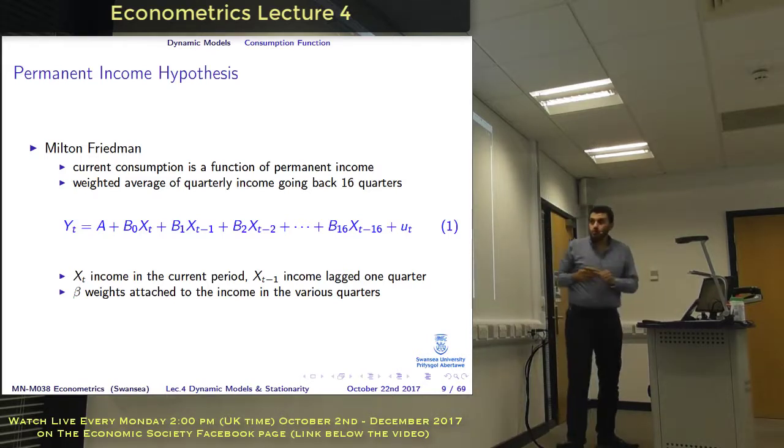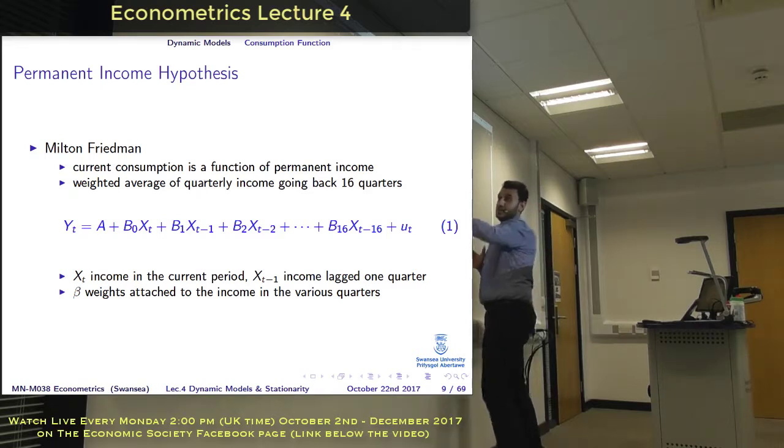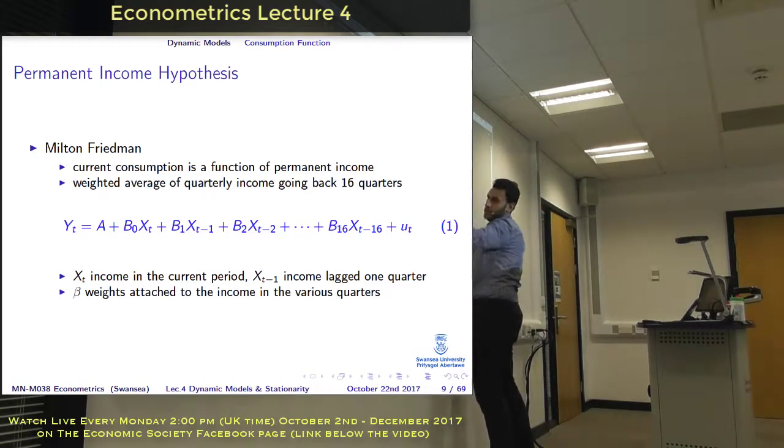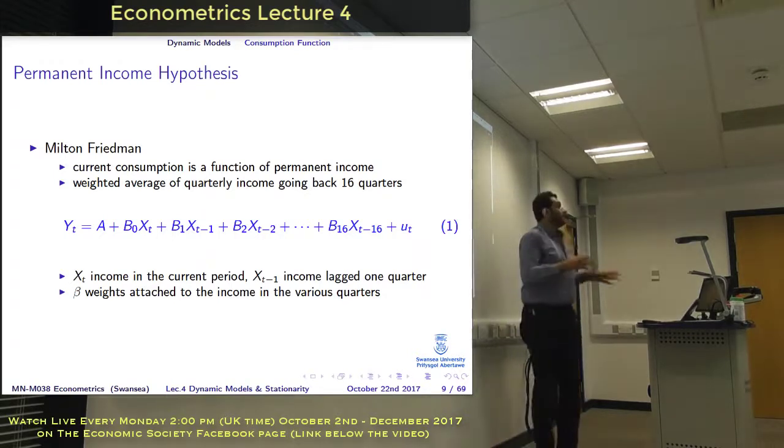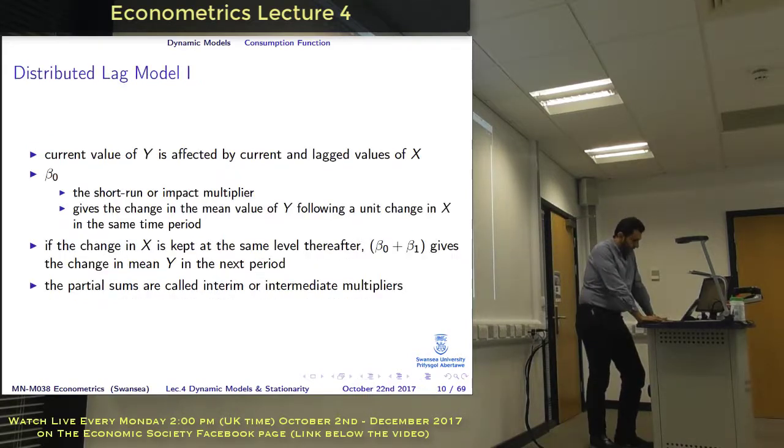If you think of these all as intermediate impacts of income on consumption expenditure, then you need to sum up beta 1 up to beta 15. That's what we call the intermediate impact, or intermediate multiplier.